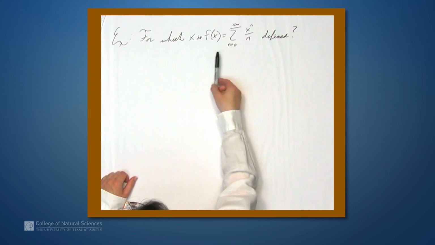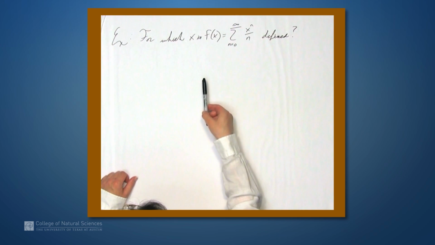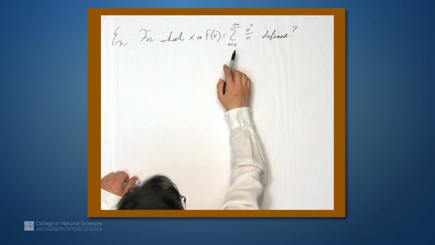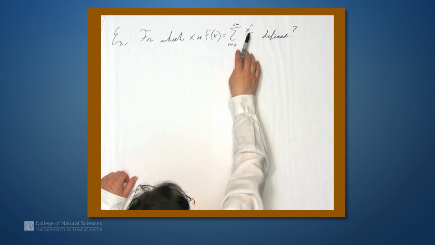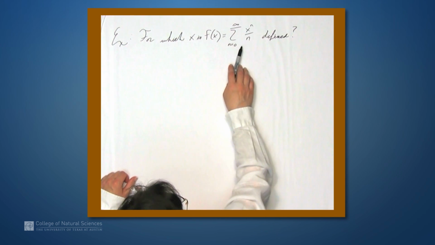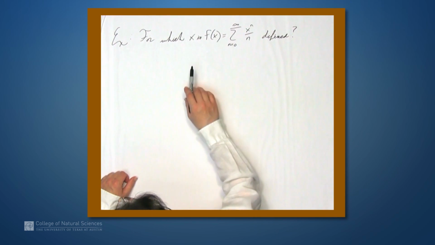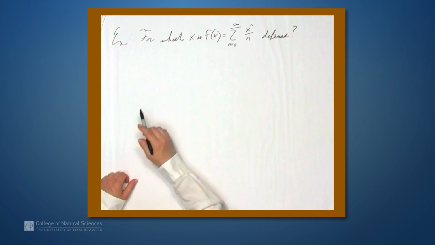This collection of x for which this power series is defined is sometimes called the interval of convergence, because it's the values of x for which this series converges. And we're defining f to be that value when that value is defined.